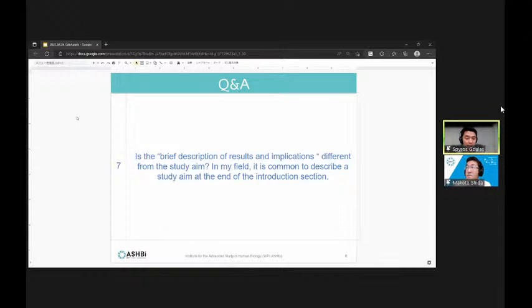Perhaps it's not different. I would say it's a question of how you perceive the introduction and its function. It is not necessarily the case that you must give a brief description of results and implications. Either way, at least over half of the papers that I looked at typically include some form of information on results and implications.